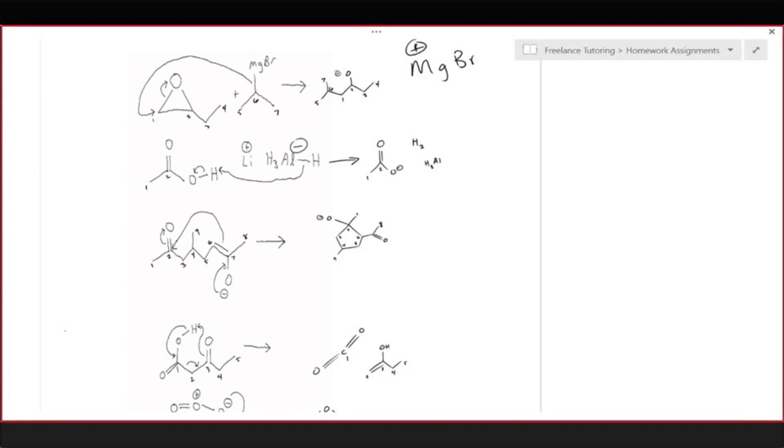Let's see. So here we have 6 forming a bond with 2. Six, 2, 3, 4. You saw that 4 should still be bonded to 9 in the product. That's good. 5, 6.